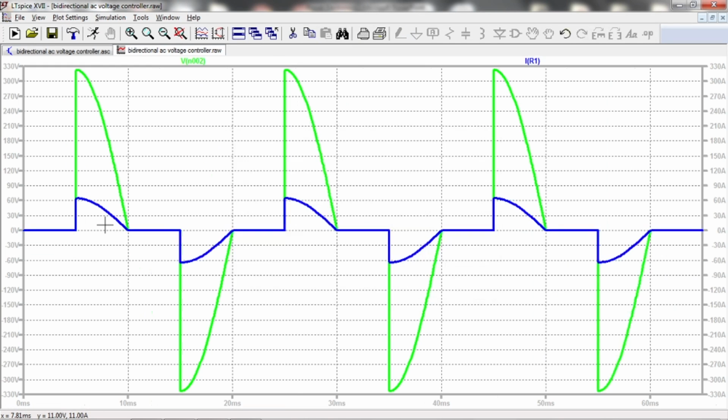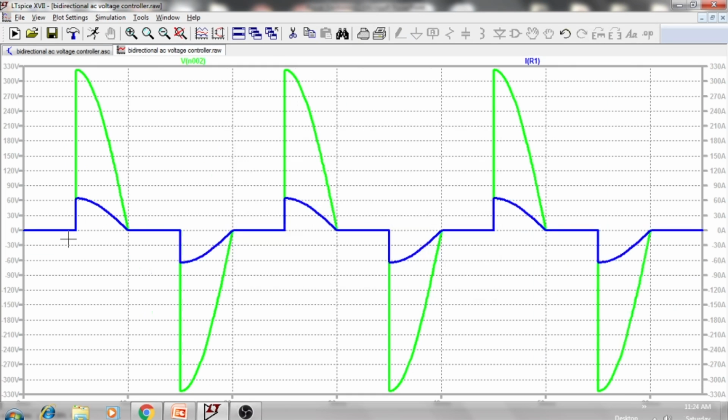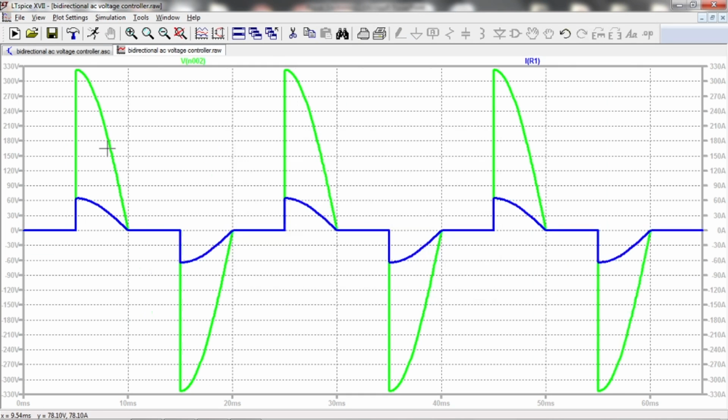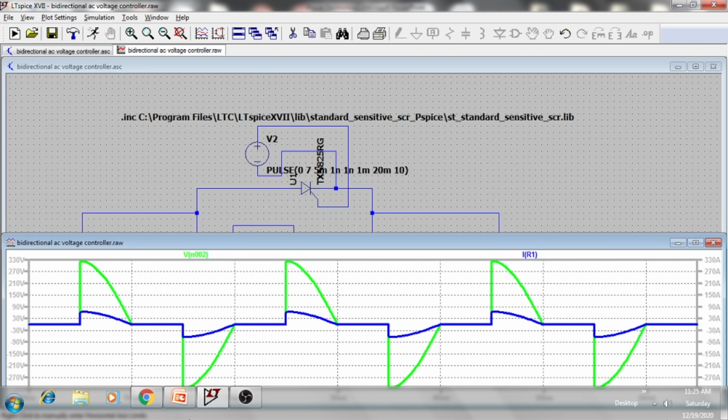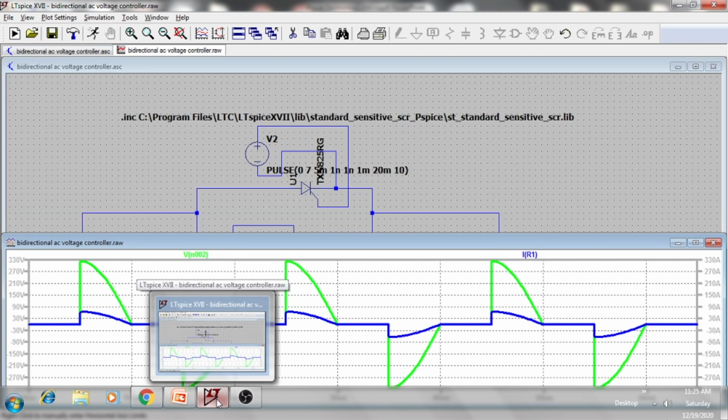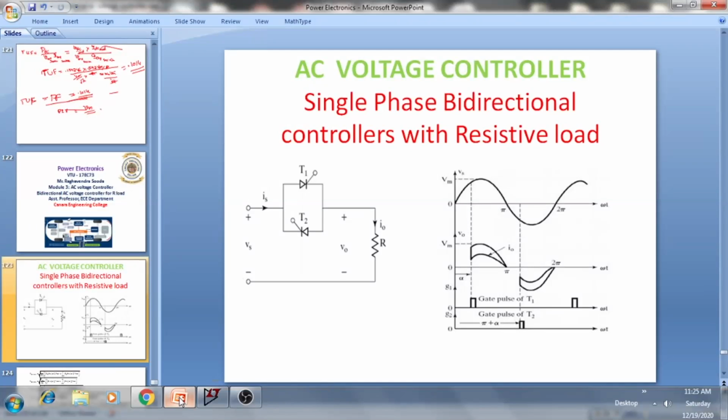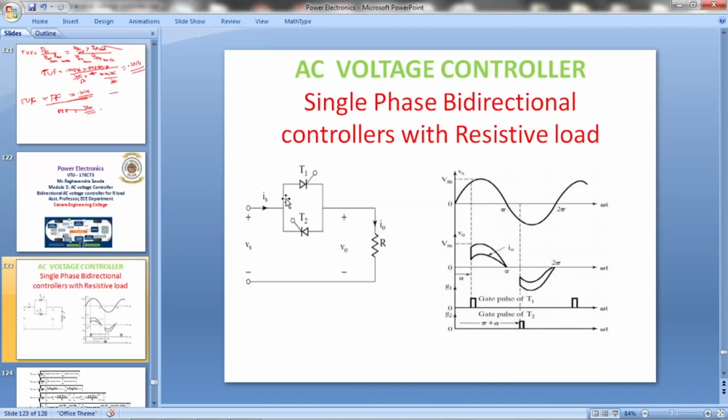Okay, so for this we need to find out the RMS voltage of the load. What is the RMS voltage of the load? Okay, so we'll go back to the problem. So we have understood what the problem is. I think this is your circuit we need to refer.